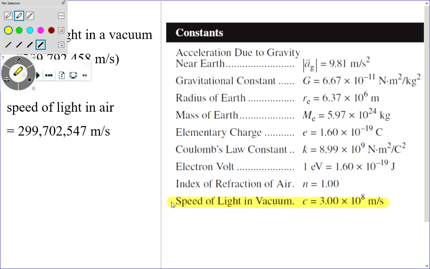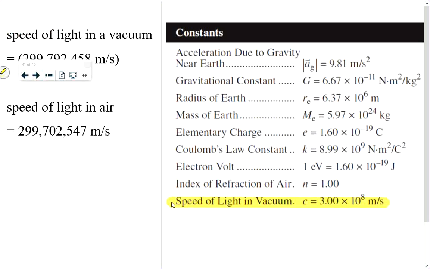We'll learn later that the speed of light in air is a little bit smaller, but it would still be 3.00. It's so close that we just say it's the same number. So that's the speed of light in a vacuum. I wish, and I've asked a couple times, but nobody at Alberta Ed is biting, I wish they would change this to EMR. It's the speed of EMR in a vacuum.